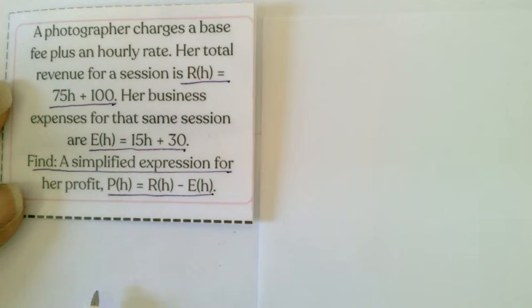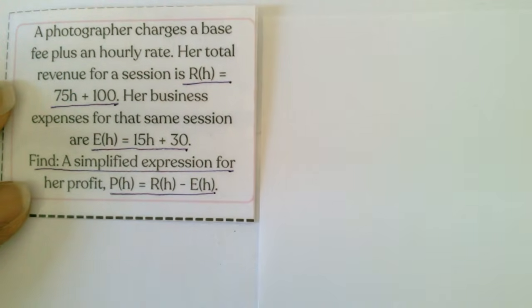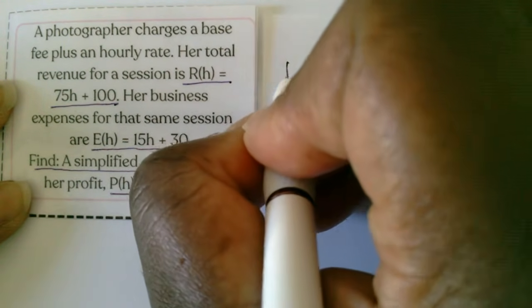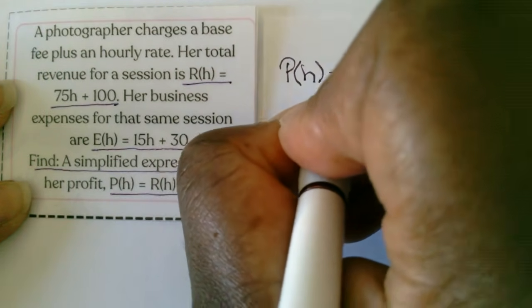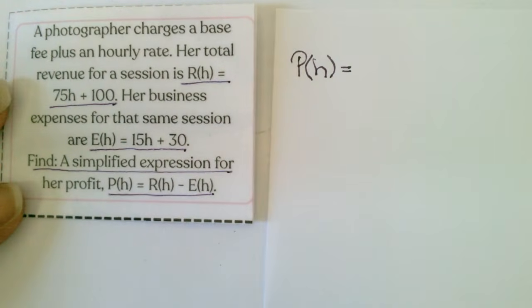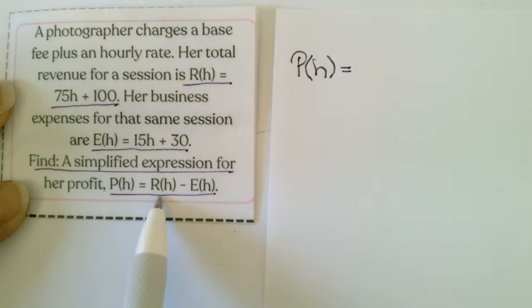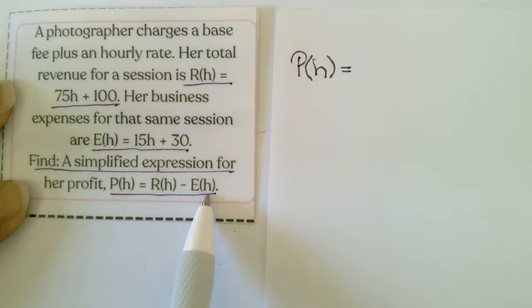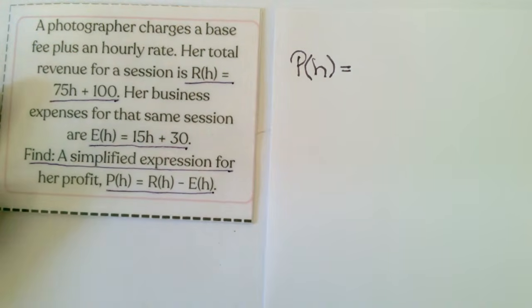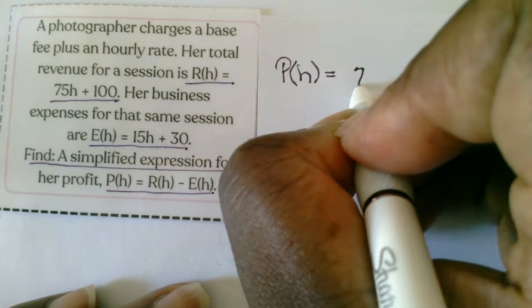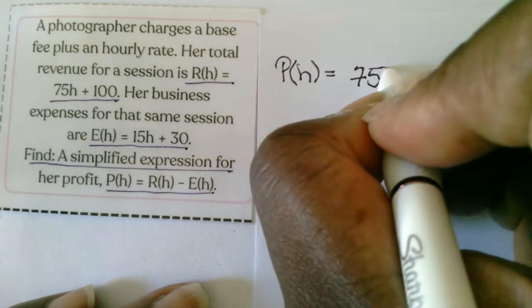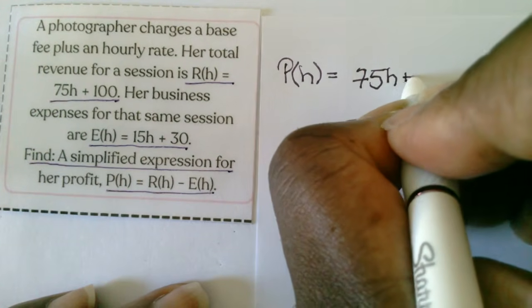So they want us to find a simplified version of P of H. So they're saying they want us to take the R of H and minus the E of H. So what's R of H? Well, the R of H is your 75H plus 100.